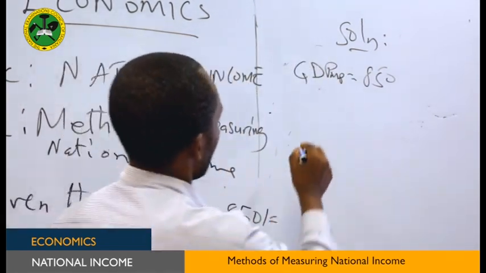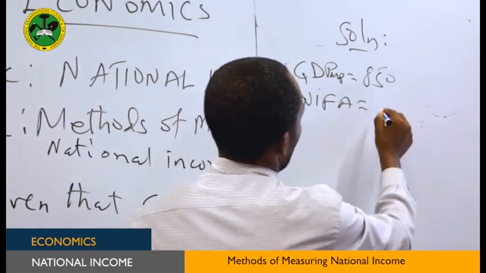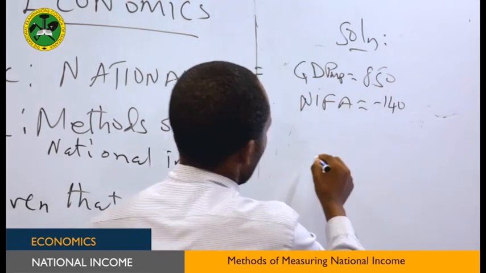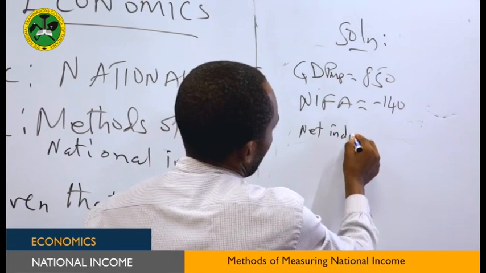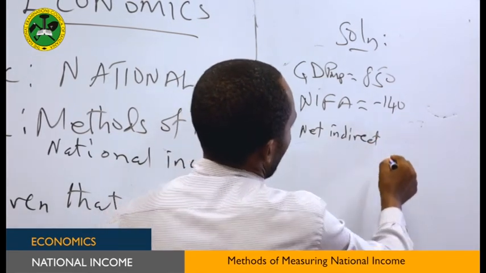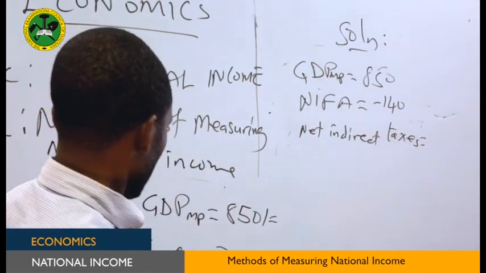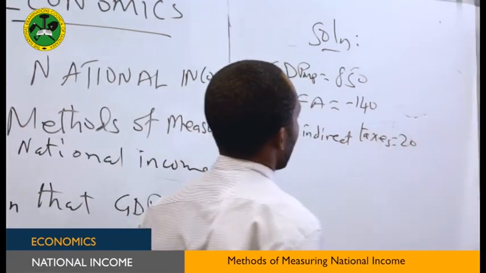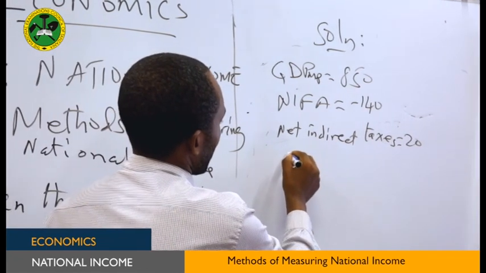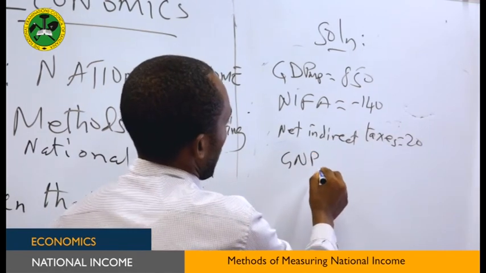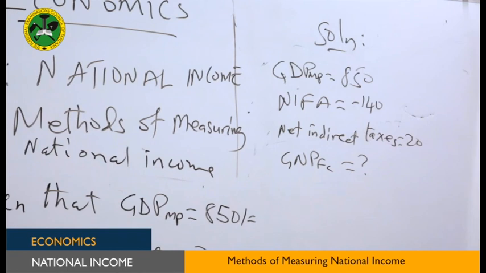Then we are given net income from abroad, which is negative 140, and net indirect taxes, which is equal to 20. But we are asked to calculate GNP at factor cost, according to the question.